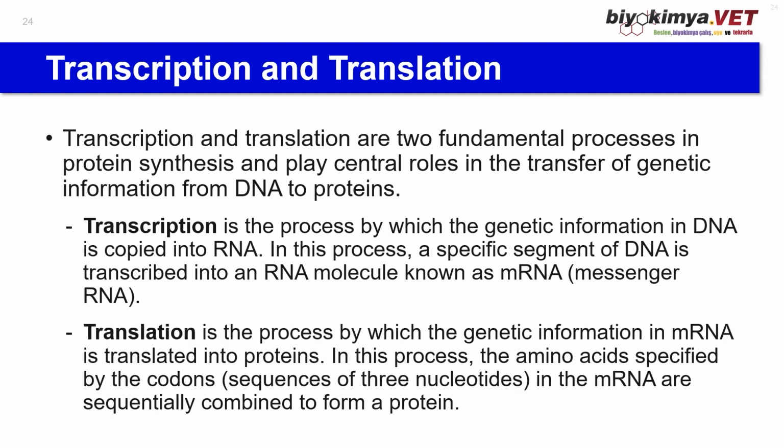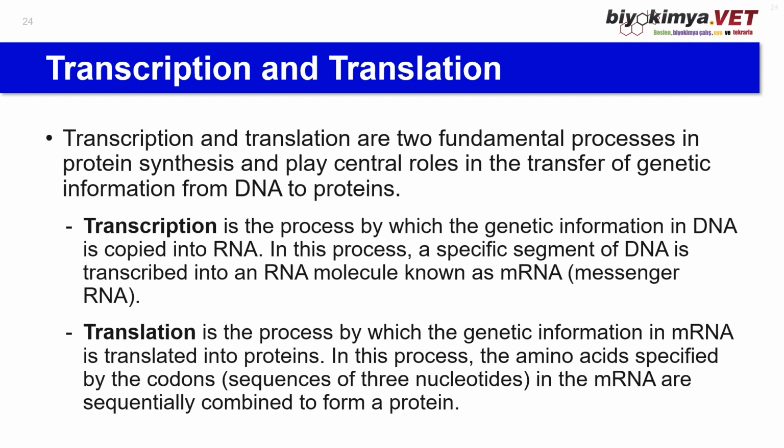Translation is the process by which the genetic information in messenger RNA is translated into protein. In this process, the amino acids specified by the codons in the messenger RNA are sequentially combined to form a protein. And like transcription, translation consists of initiation, elongation, and termination stages. The outcome of translation is the production of a protein based on the genetic information in mRNA.